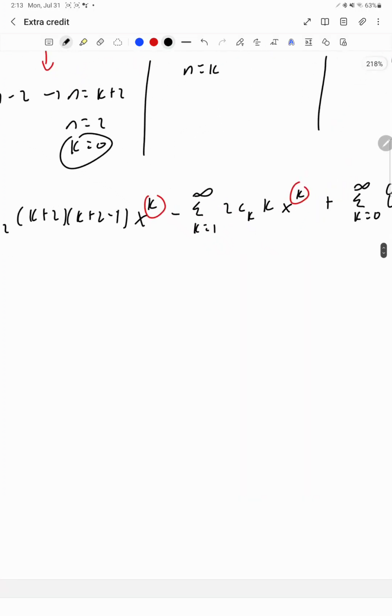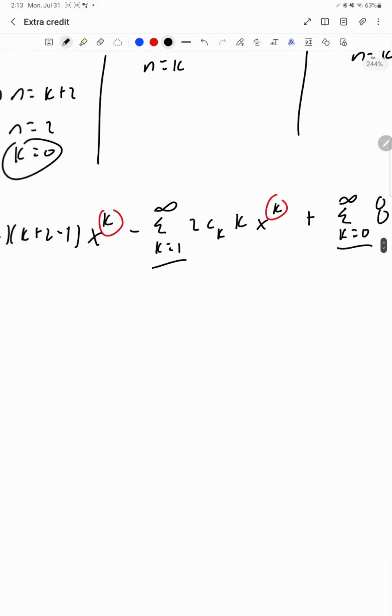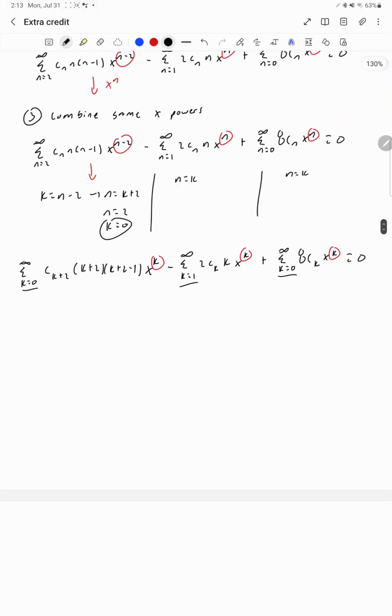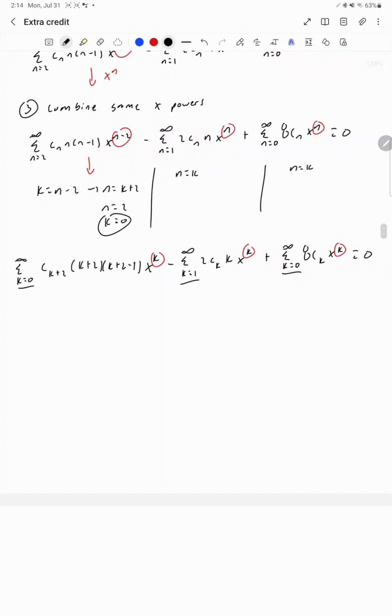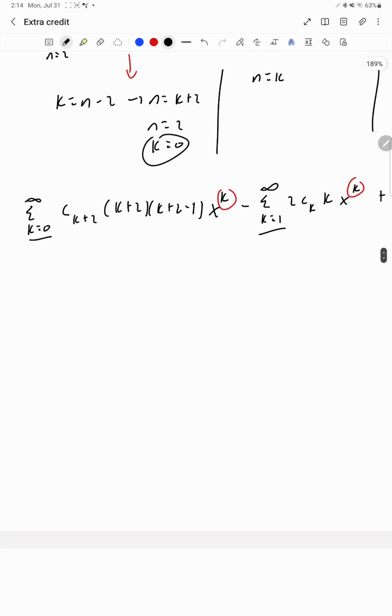So also normally, I think in lecture we learned that we should change the starting points to be all the same. But how I'm gonna avoid doing that is just k equals 1 for all the sums, and then we're just gonna ignore the k equals 1.